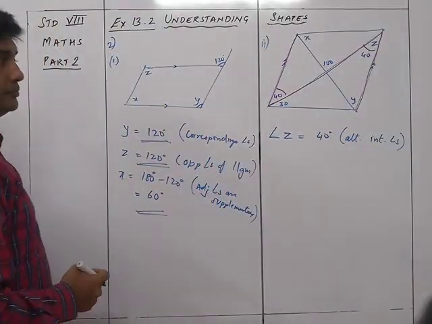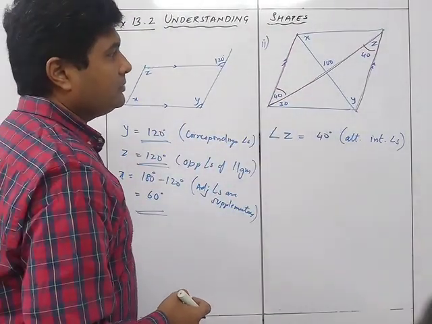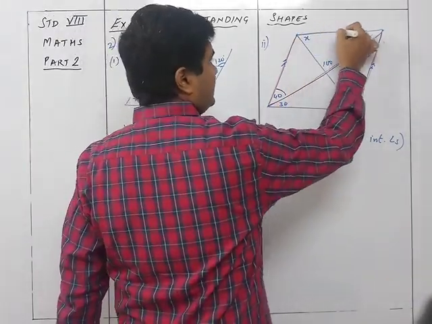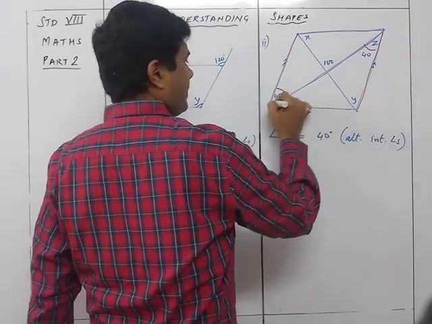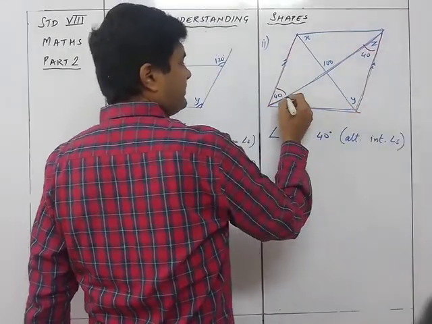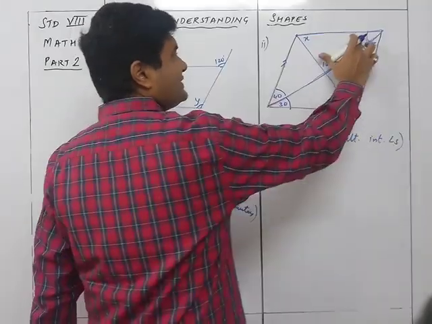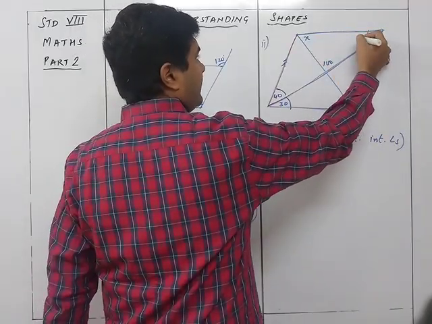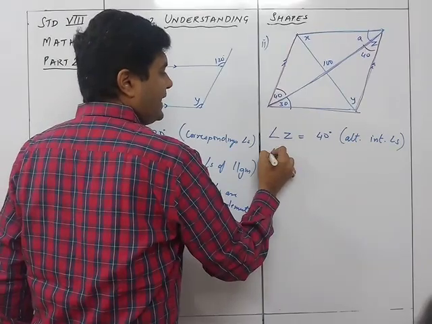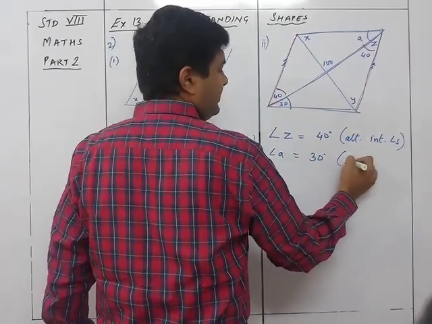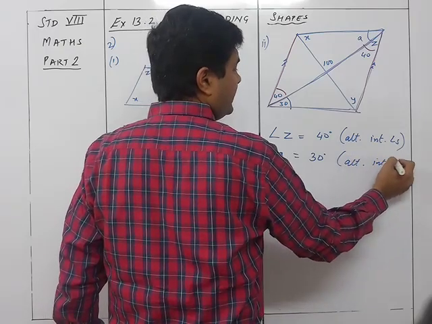Okay. Now, similarly, you have this again as a Z formation. So if this is 30, this will be 30. So let's name this as right now A. So angle A is equal to 30 degrees, the same reason, alternate interior angles.